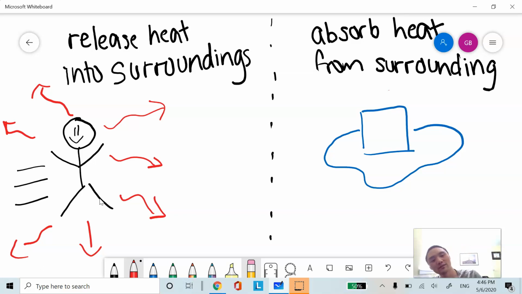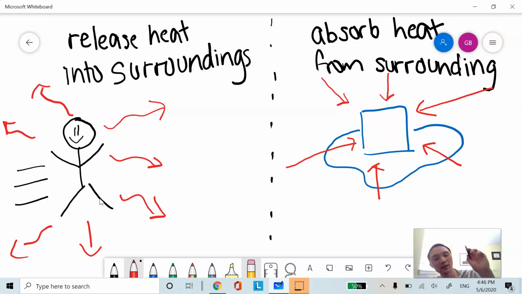So instead of the arrows pointing outwards, the arrows are now pointing inwards, and the heat from the surroundings is going into this wonderful ice cube. That makes sense because the temperature of the ice cube is significantly lower than the temperature of the room.